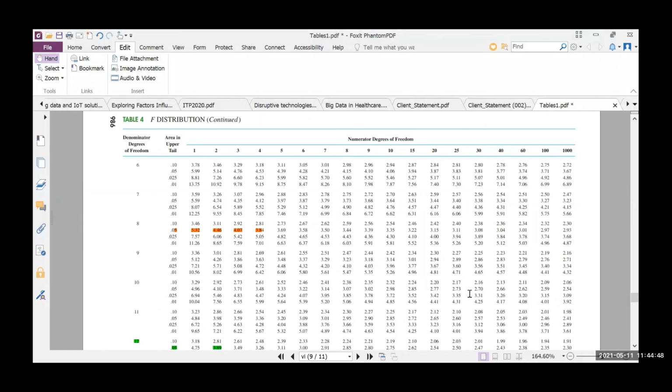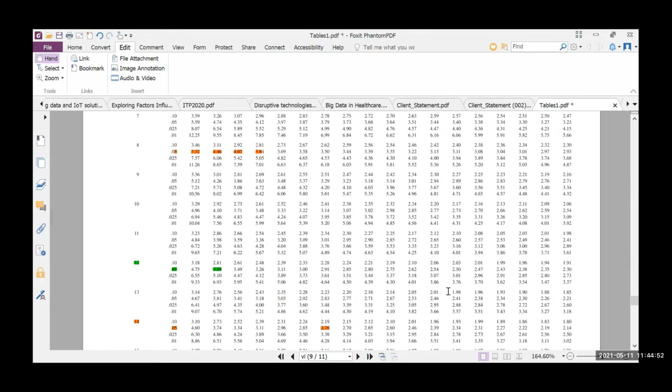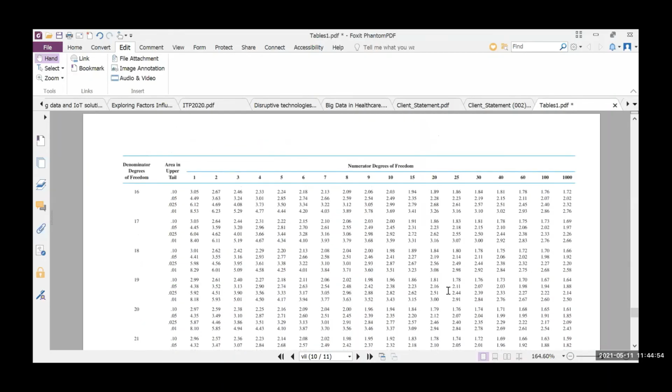If DFB is 10 and DFW is 20, alpha is 0.05, what will be my F critical value? This is 10. DFW is 20, also here. Alpha is 0.05, also here.